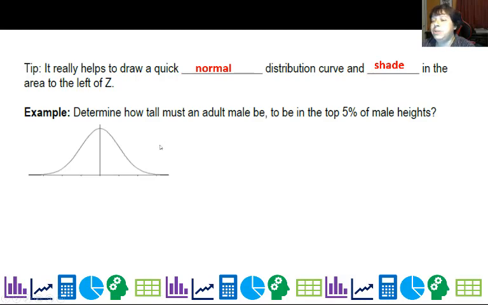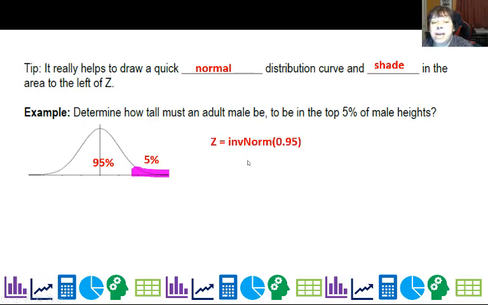Where's the top 5% of heights? Is it in the lower end of the graph or the higher end? It's in the higher end, and it's 5%, so how much is before that? 95%. So when we do inverse norm, we're not going to put in 0.05. We're going to put in 0.95 because that's the area to the left.